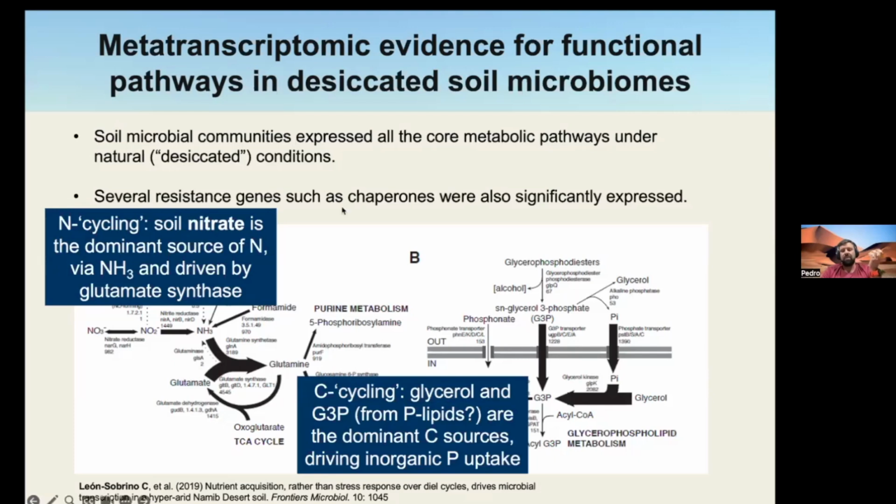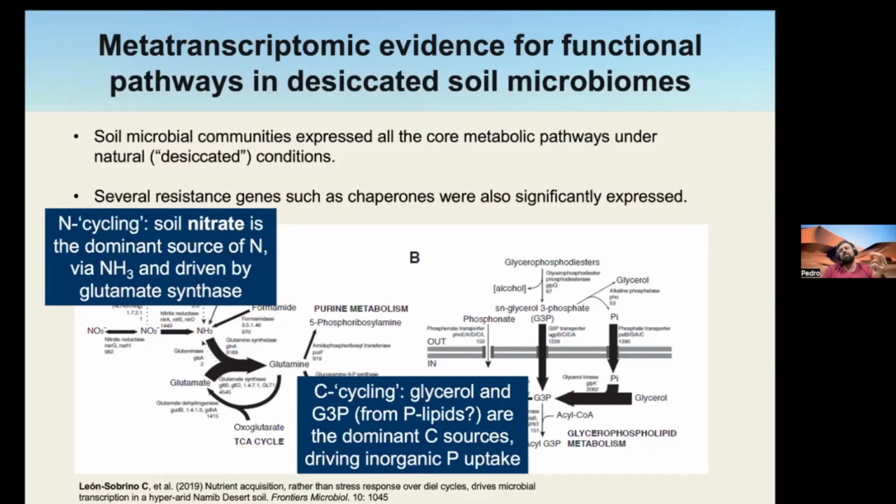They also found a bunch of resistance genes to be significantly overexpressed, and these include chaperones, etc. Now, someone in the audience might point out, before they do it after the talk, a very pertinent question or comment, which is that we didn't do any depletion of non-active DNA or RNA in this study specifically.